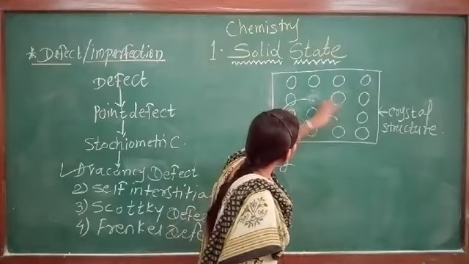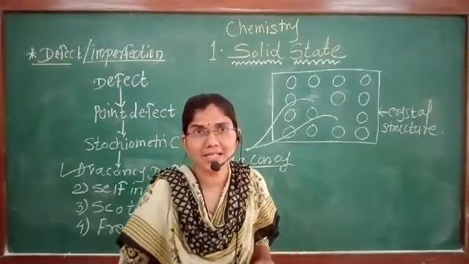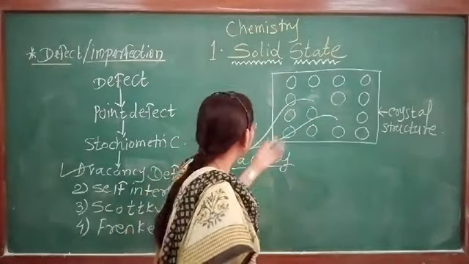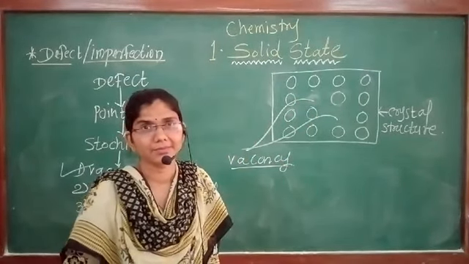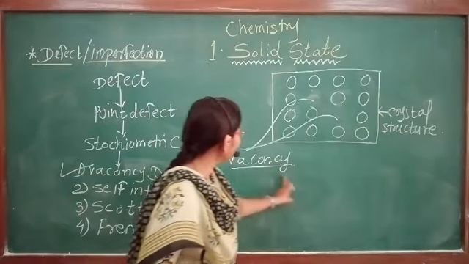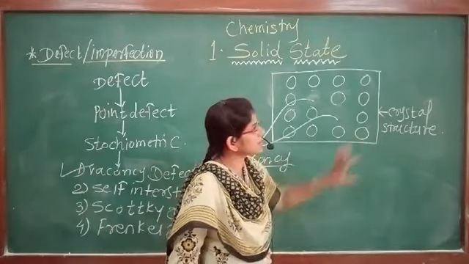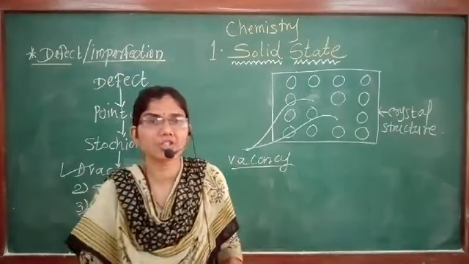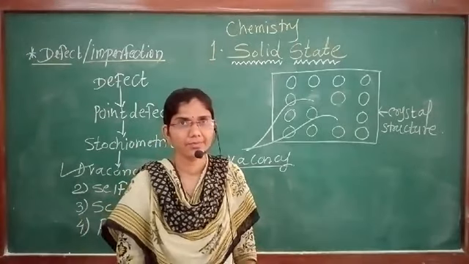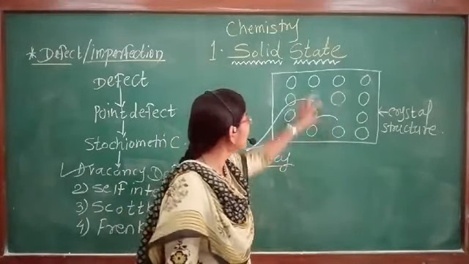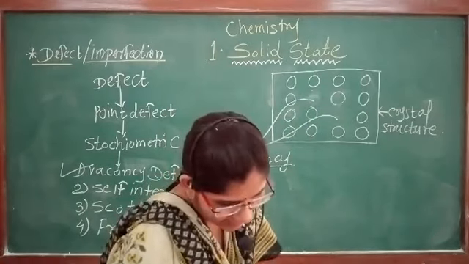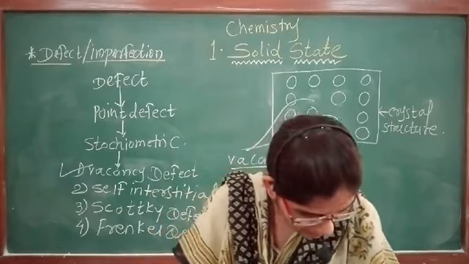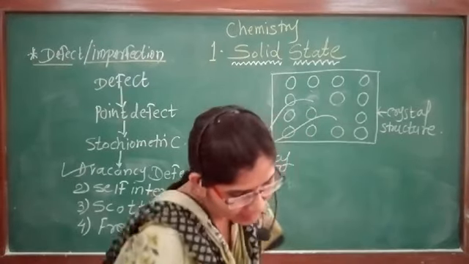So these are the vacancies produced due to the missing of these particles from their regular sites. These are some vacancies produced in the crystal structure. Why? During the crystallization process, the particles miss their regular sites and produce the vacancy, and therefore some of the lattice sites are vacant.